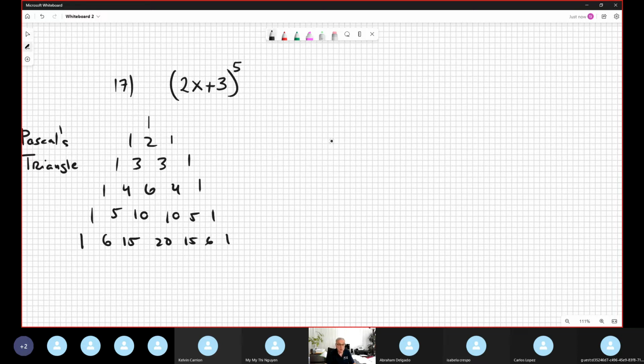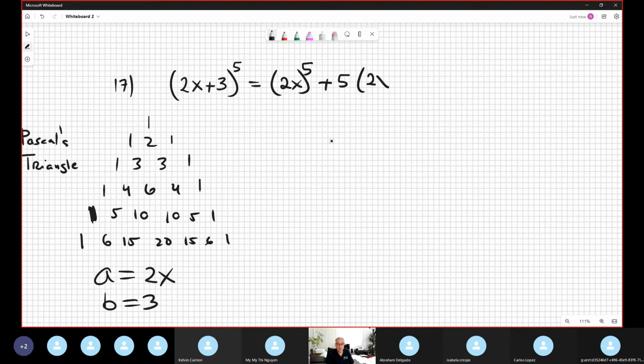Okay, so now expand. Expand is you take the first guy. A is 2x in our problem, and B is 3 in our problem, and obviously n is 5. So, basically, you have 2x to the 5th power, coefficient 1, look at that, plus 5, 2x to the 4th power, and 3 to the 1 power, and you need to make sure that when you're adding this exponent, 4 plus 1 is 5, always.